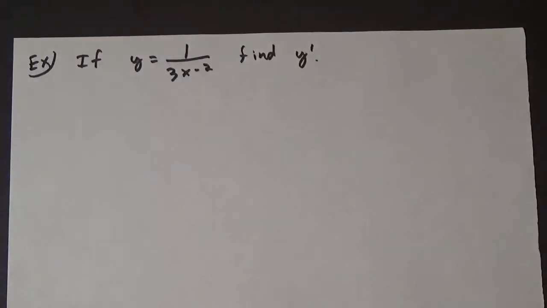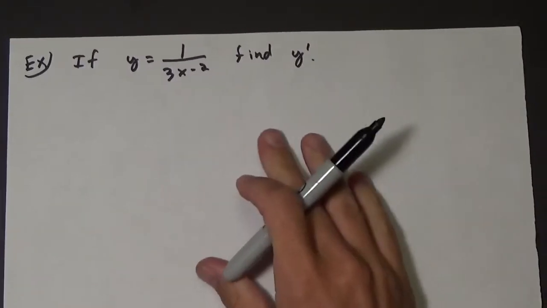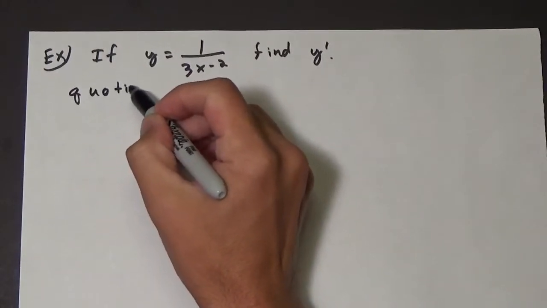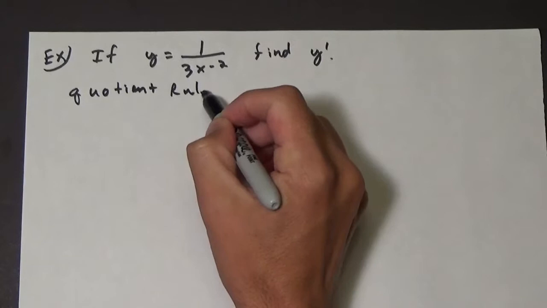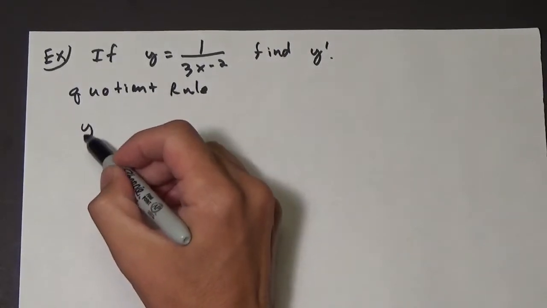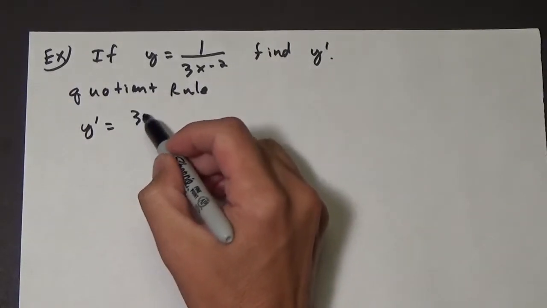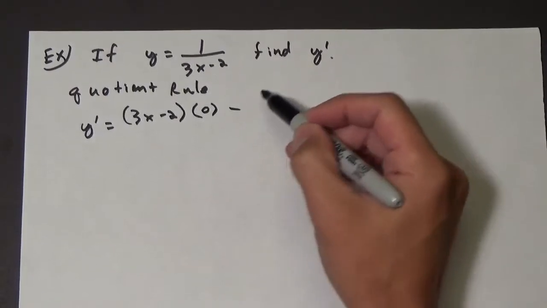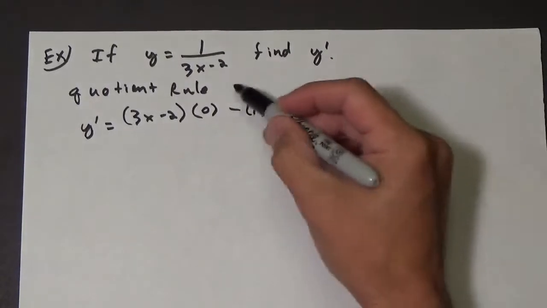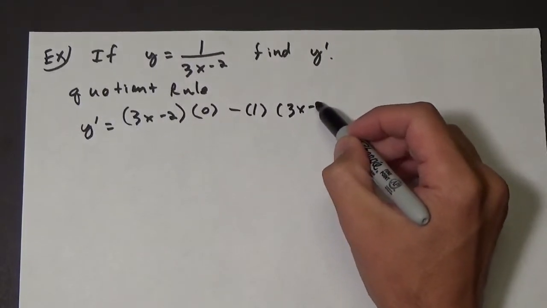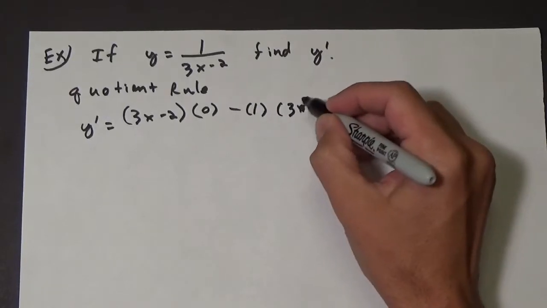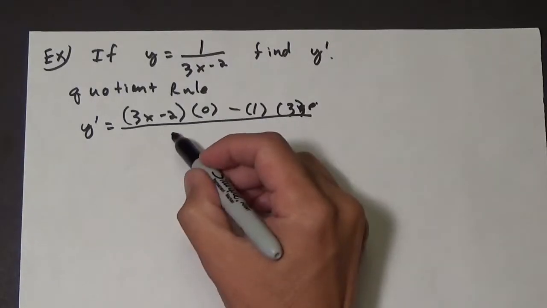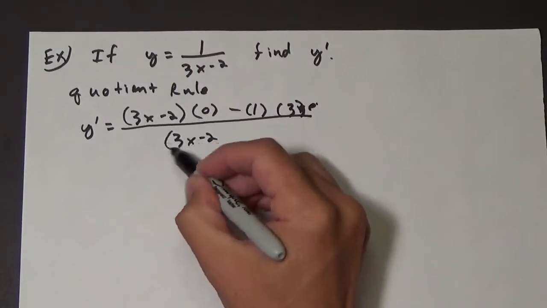This is a quotient, so we could use the quotient rule. So let's try that. That means y prime is going to be the bottom, 3x minus 2, times the derivative of the top, which is 0, minus the top, which is 1, times the derivative of the bottom, which is 3, all over the bottom squared, 3x minus 2 squared.